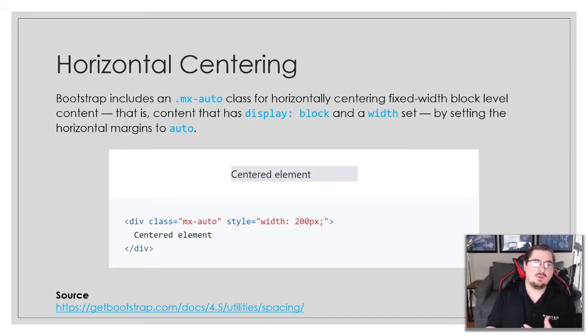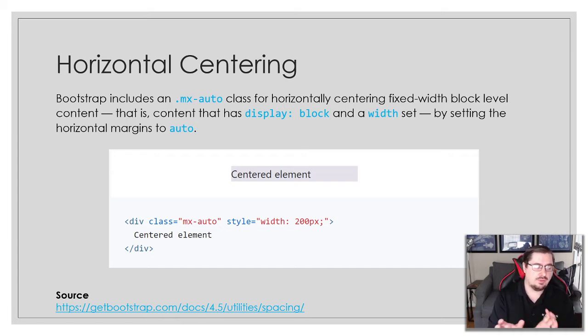There's also a Bootstrap class that you can use to center blocks of content that have a fixed width. So for instance, if I want to say that this element has a width of 200 pixels, or if it's got a width of 20%, either way, I can use margin auto to then center that item. MX auto sets the left margin to auto as well as the right margin to auto.